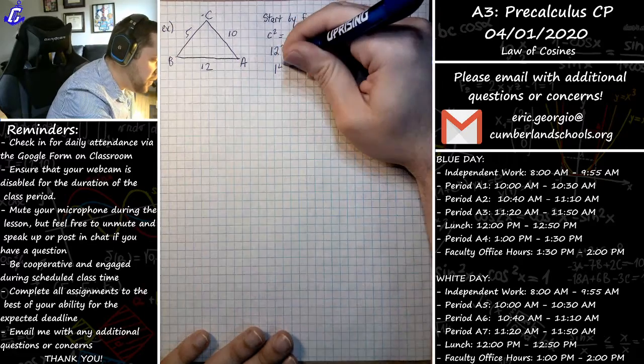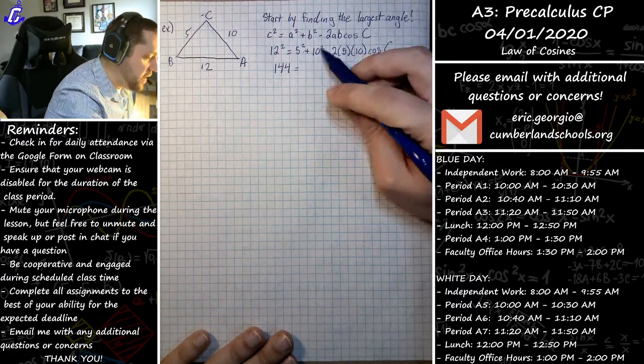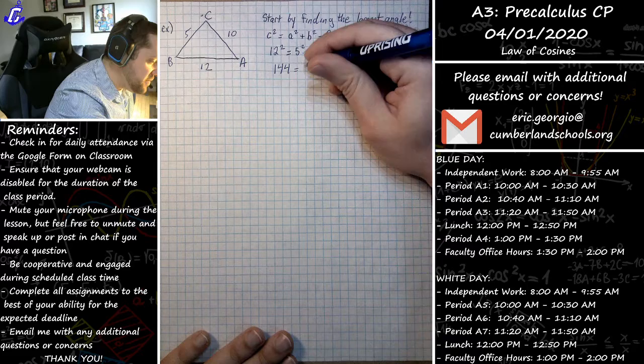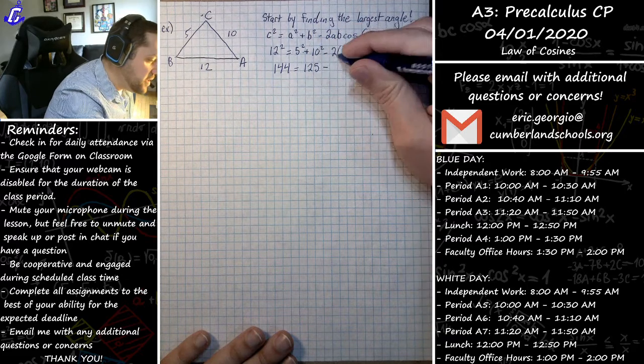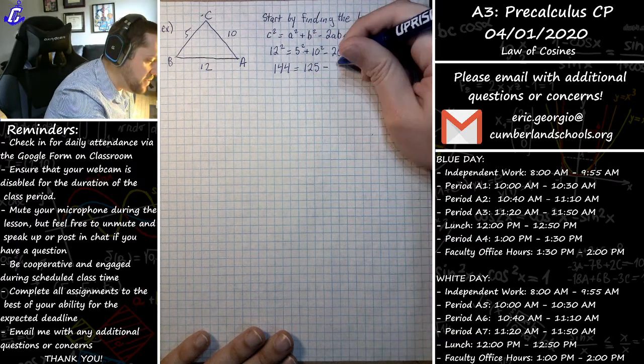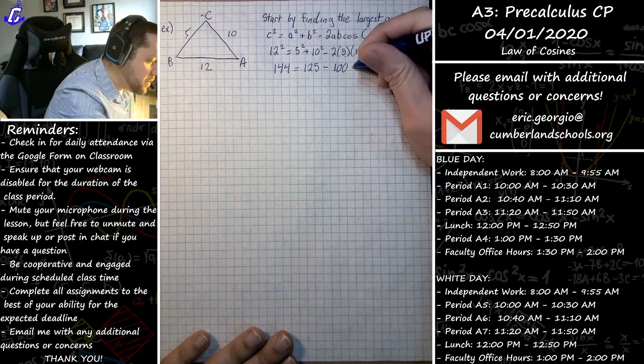We get 144 is equal to, I got 25 plus 100, so 125 minus 2 times 5 is 10 times another 10, so minus 100 cosine of C.